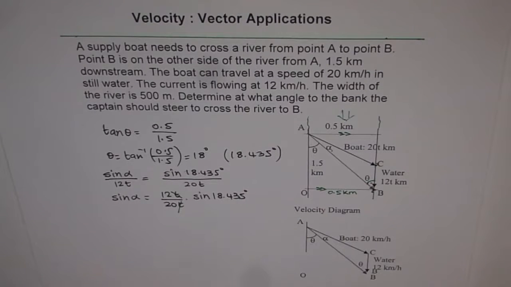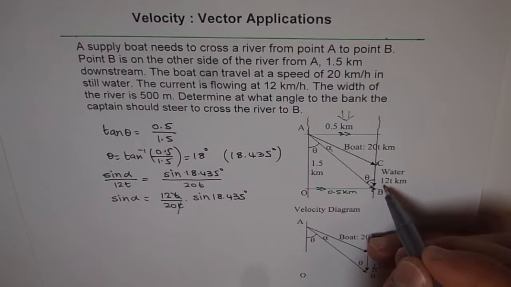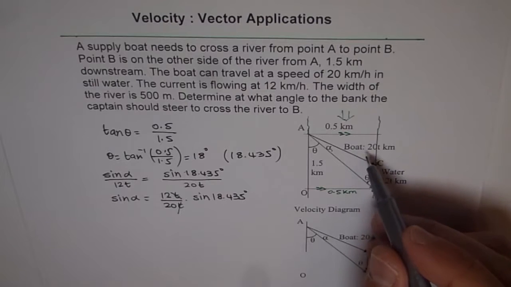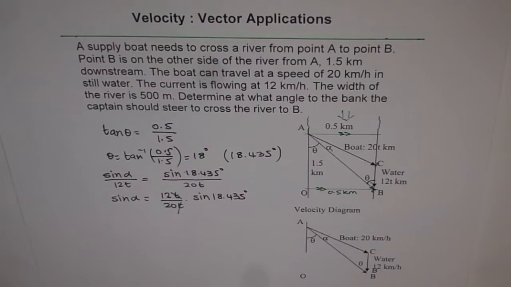So either we work with velocity triangle or with displacement, the result is same. Do you understand? That's the beauty. So that is why in most of the examples you will see that we sometimes interchange. We don't really write 12t, we'll write 12 here and 20 here, and we'll call that a velocity vector graph, correct? So that is how it is to be seen, right?